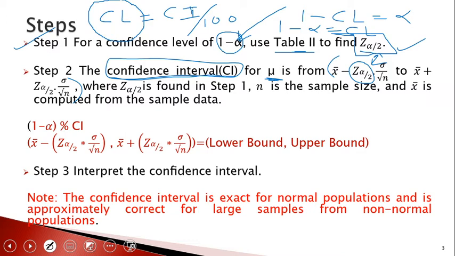What is sigma? Standard deviation. We assume you know this value. Using that, you can calculate the 1 minus alpha confidence interval, which is x bar minus Z alpha over 2 times sigma over square root of n, comma, x bar plus this piece.